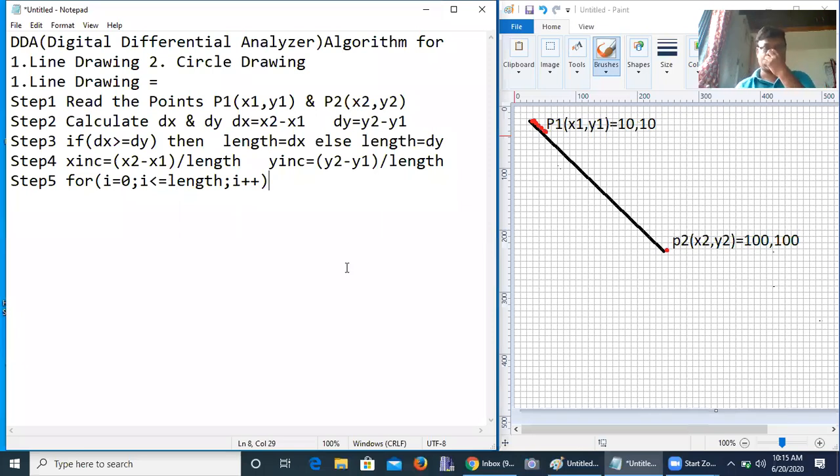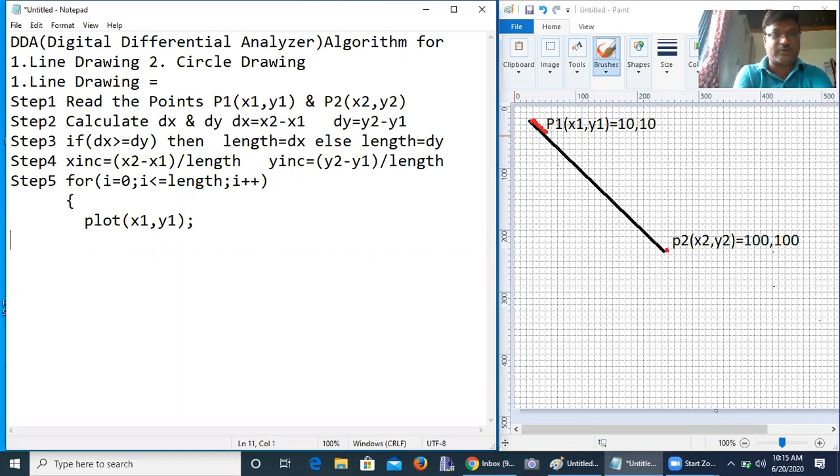Now go for step 4. Here you consider the opening curly bracket, begin loop. In the loop you plot x1, y1, the first point.